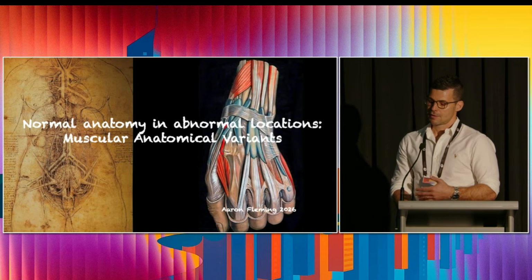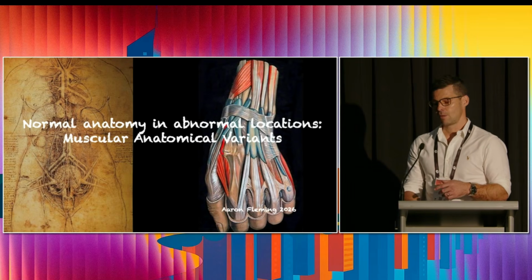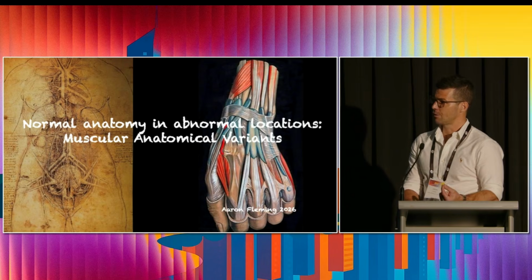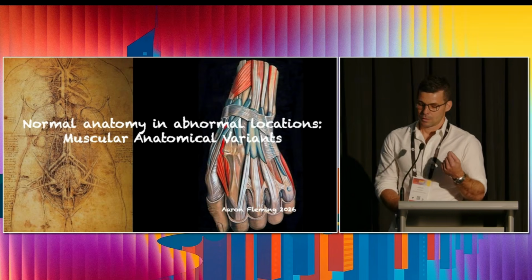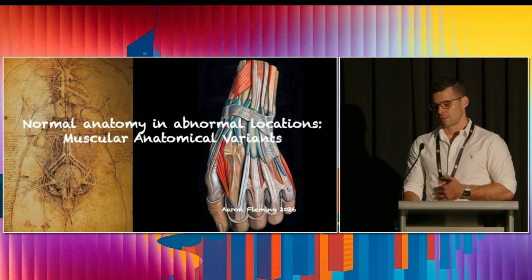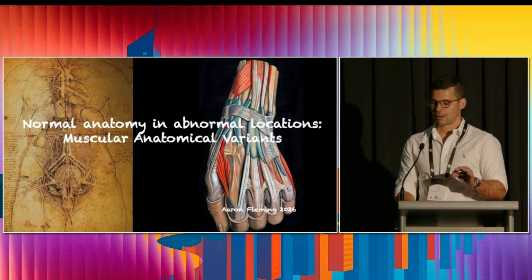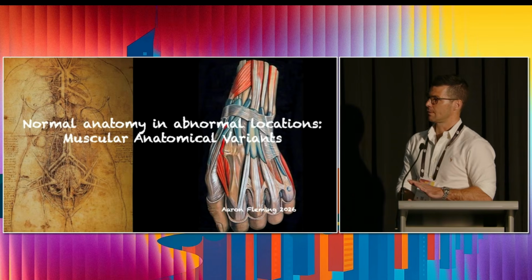And there are plenty of occasions in which anatomical variants and accessory muscles will dictate the surgical approach when it comes to tendon transfers and reconstructions. And knowing this and recognising this is what separates the good sonographers.